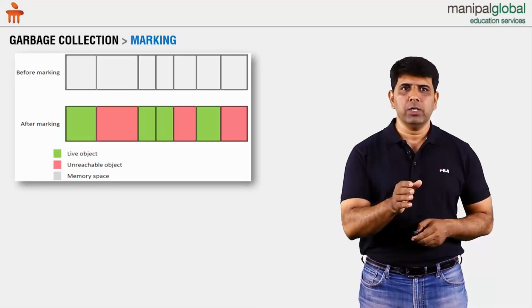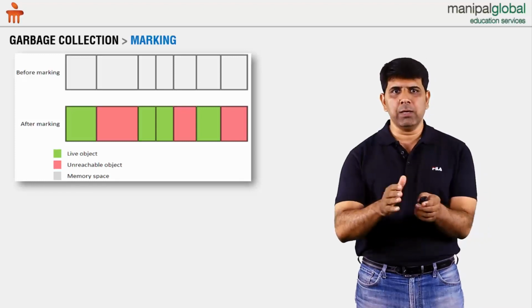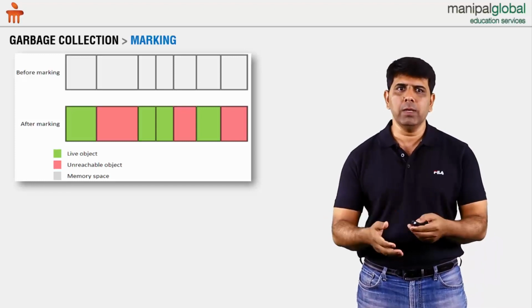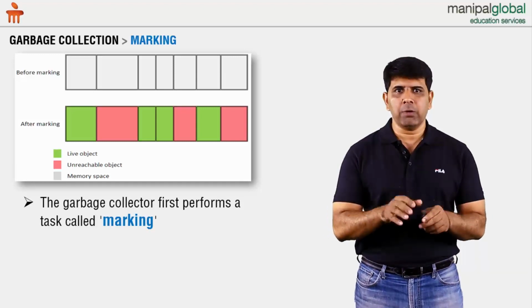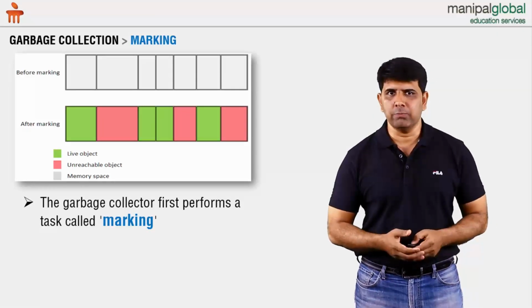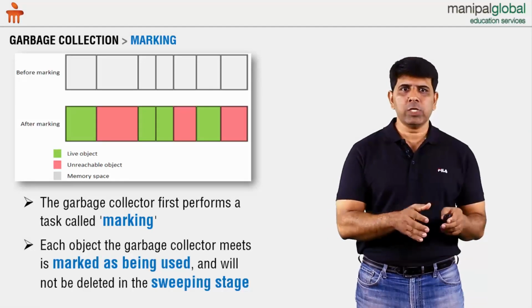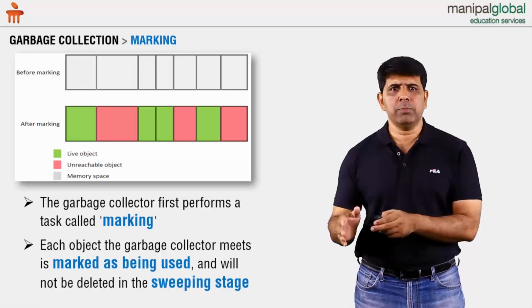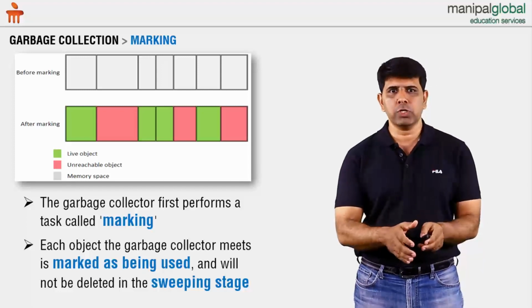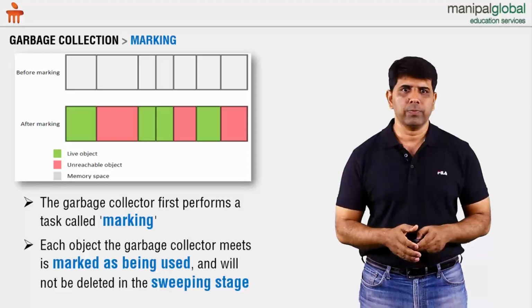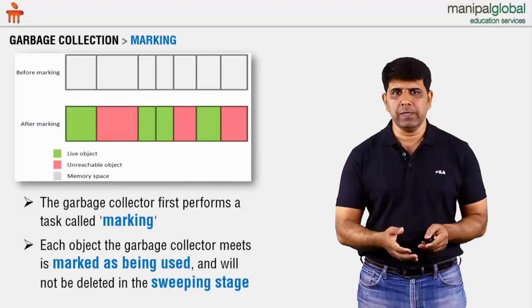In the marking you have green colored live objects, which are all reachable, and the red colored ones are unreachable objects. So the garbage collector first performs this marking process. Each object the garbage collector meets is marked as being used or not being used, so the used ones will not be deleted.